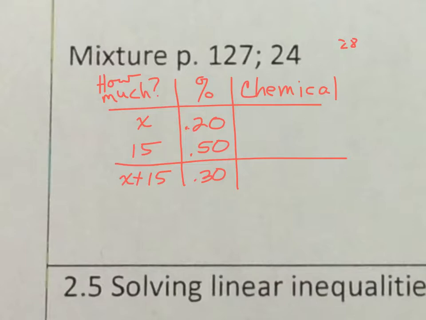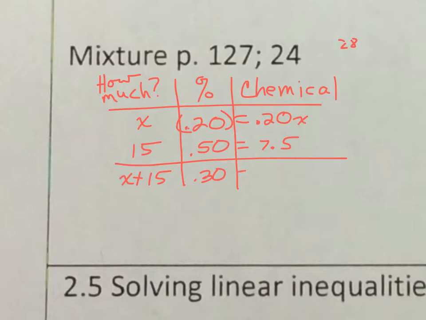Okay, so to get the amount of chemical, we're going to multiply each row. So 20% of x is 0.20x, the amount of chemical in the 20% solution. And .50 times 15, that should give you 7.5. Anybody verify that for me? Okay.